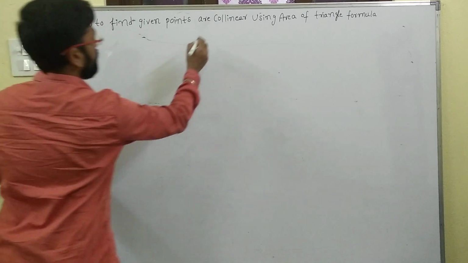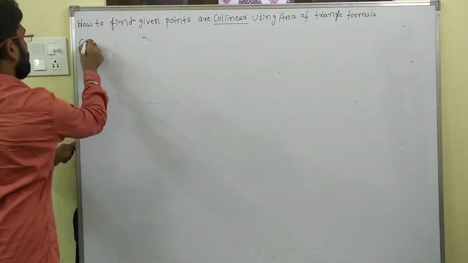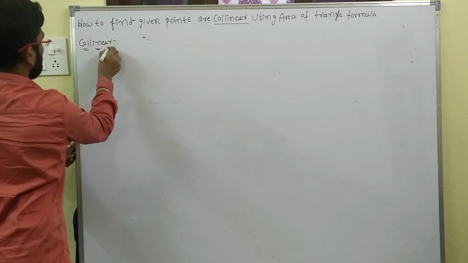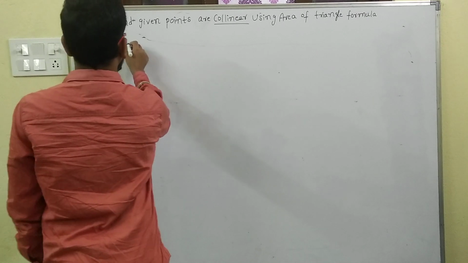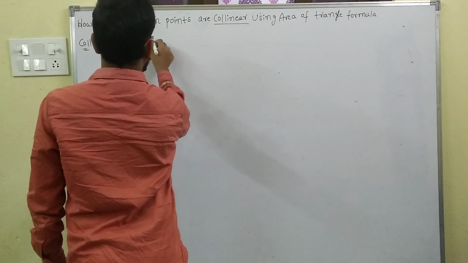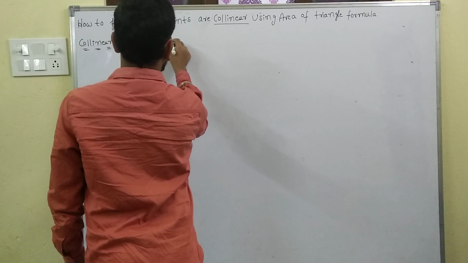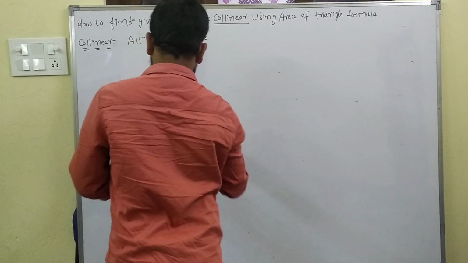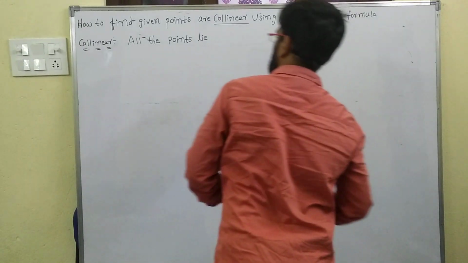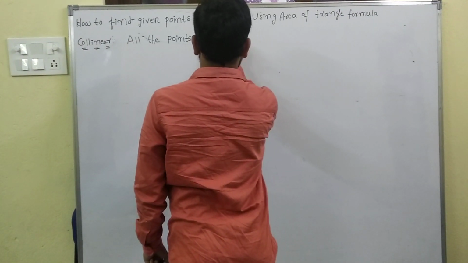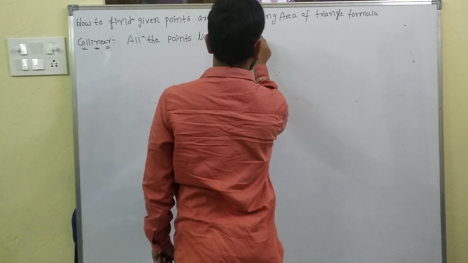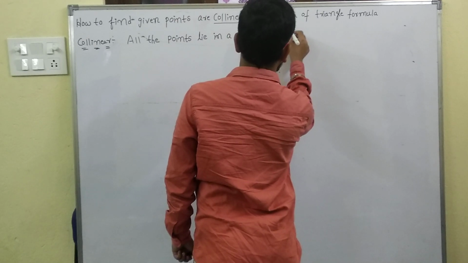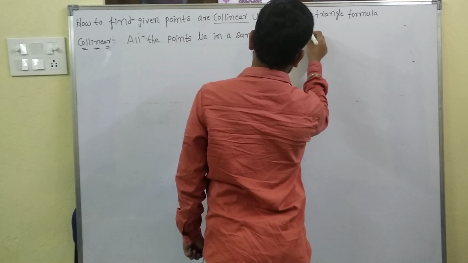First of all, I told you what is meant by collinear: all the points lie in the same straight line, like this.